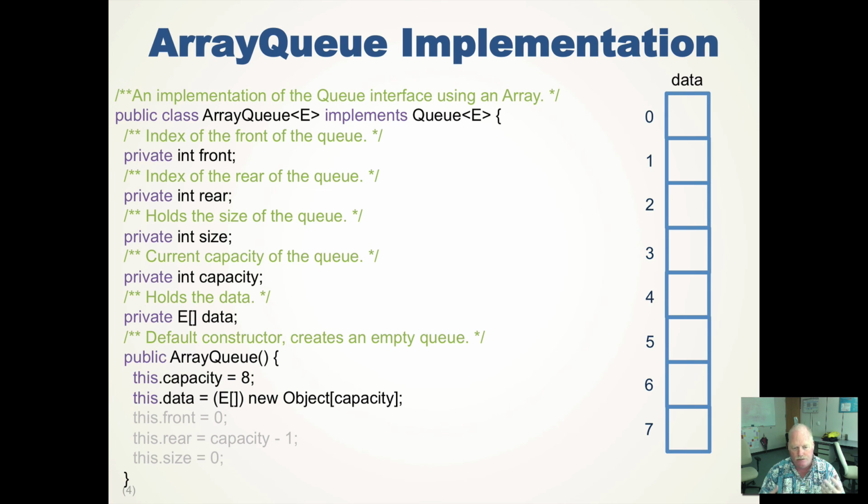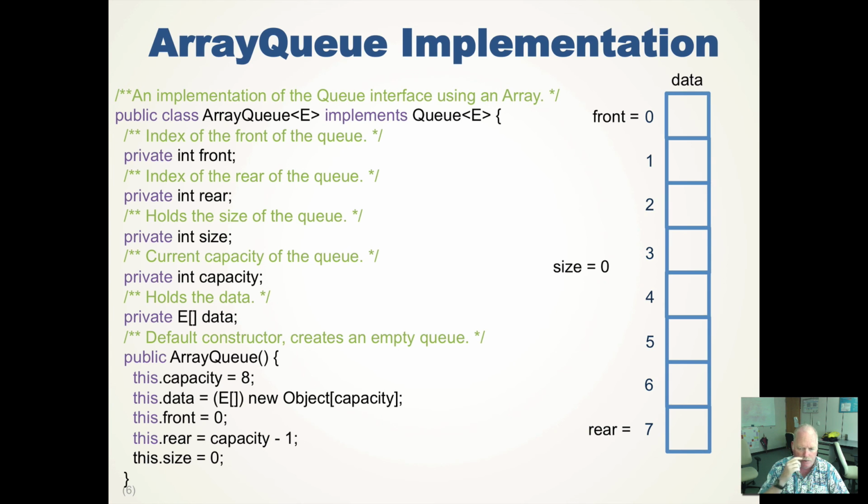Everything in Java is a subclass of Object, so we create the object array and cast it to type E. Then we initialize our front, so the first place, or the front of the queue, is going to be at 0. And then we put the rear at capacity - 1.